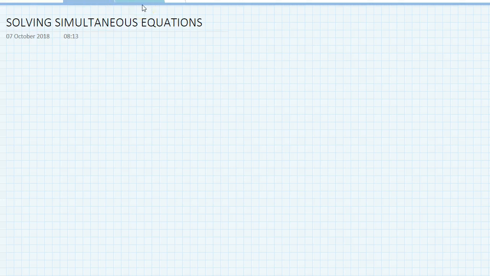Today we are going to study the simultaneous equation for C1. We are aware that there are certain types of expression.